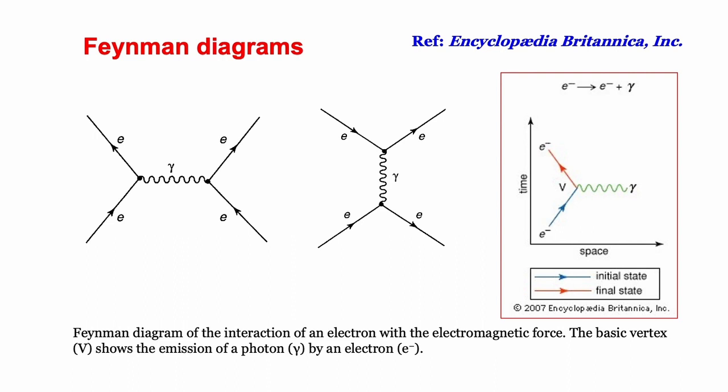At the quantum level, the interactions of fermions occur through the emission and absorption of the field particles associated with the fundamental interactions of matter, in particular the electromagnetic force, the strong force, and the weak force. The basic interaction, therefore, appears on a Feynman diagram as a vertex, that is, a junction of three lines.